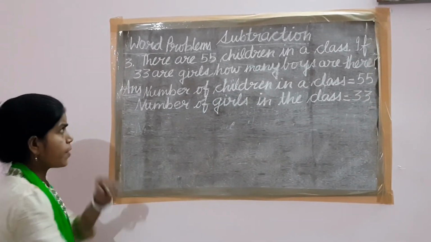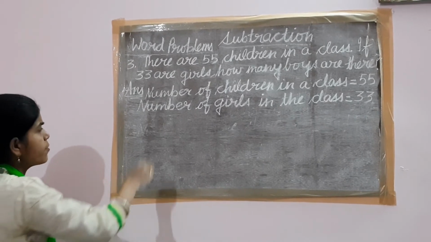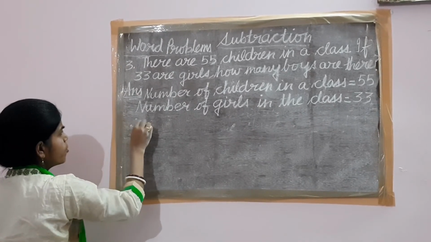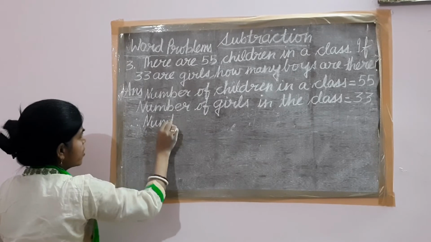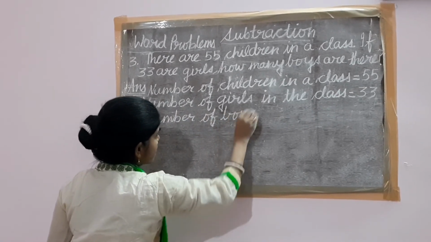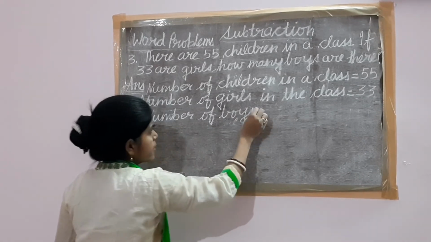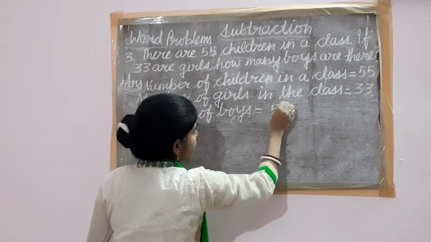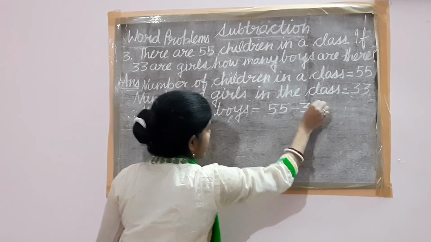Then what do we have to find? Number of boys. Therefore, number of boys is equal to 55 minus 33.